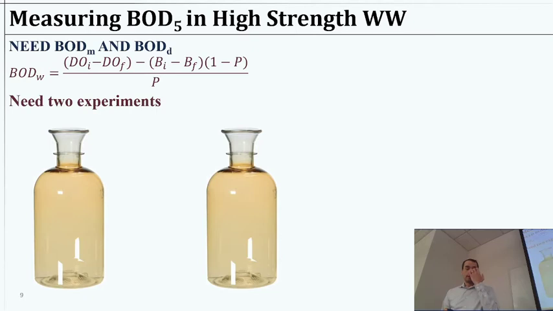All right, so I was going to reiterate that. You'll have the BOD of the mixture in one and the BOD of the dilution water in the other. So this one would have the volume dilution plus the volume of the wastewater, and this one's just going to be straight up dilution water.